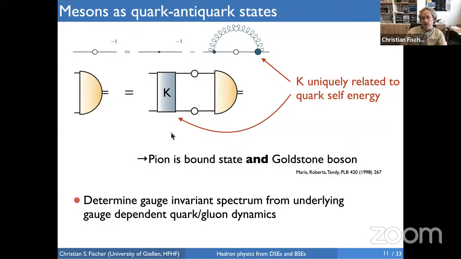So doing an approximation, a truncation, which satisfies these basic requirements, guarantees that the pion is actually massless in the chiral limit of vanishing current quark mass and gets the correct mass at the physical point. So this is very, very important in all approximations that you're doing in this framework.